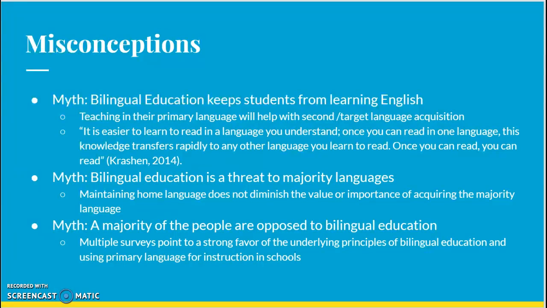And lastly, a myth that a majority of the people are opposed to bilingual education. However, there are multiple surveys that point to a strong favor of the underlying principles of bilingual education and using primary language for instruction in schools.